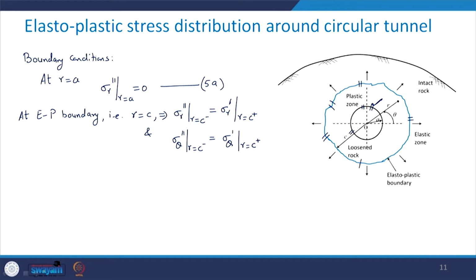Please understand that here this is the elasto-plastic boundary, and for this system to be in equilibrium, there has to be the continuity of stresses across this boundary.